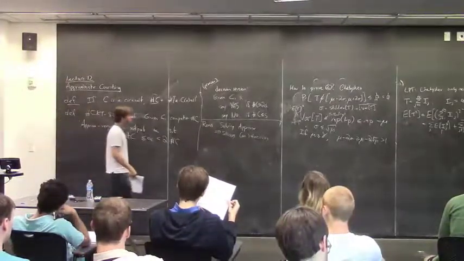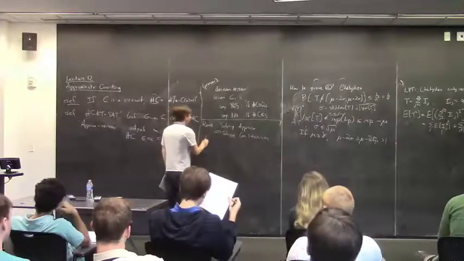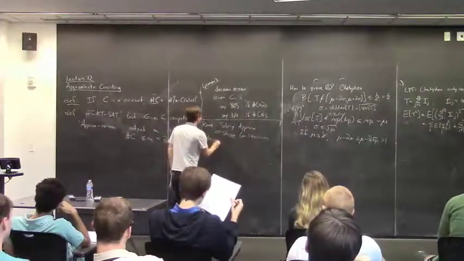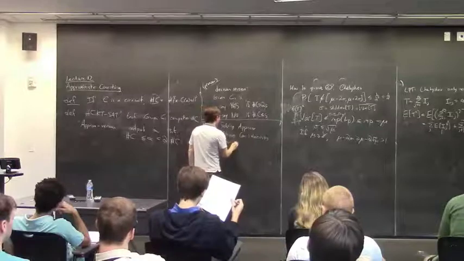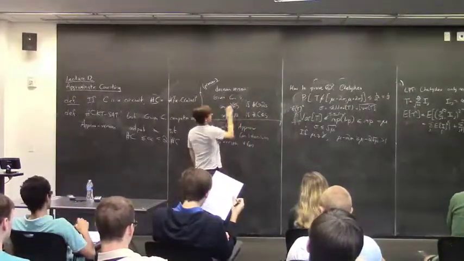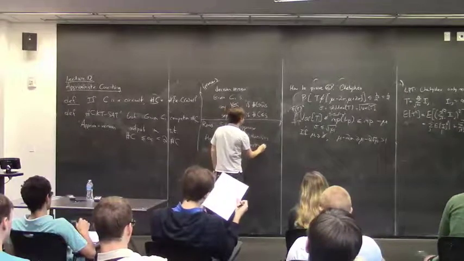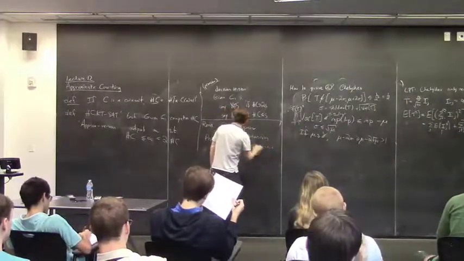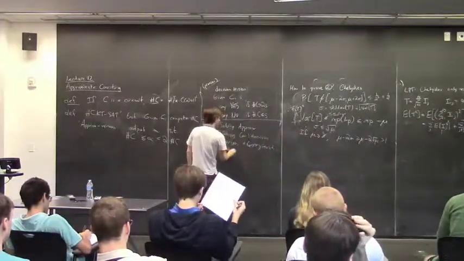On the other hand, there's a converse, which is that if you can do the decision version, if you can always do the decision version for any C and any S, you can add binary search into the picture and do the approximation version.